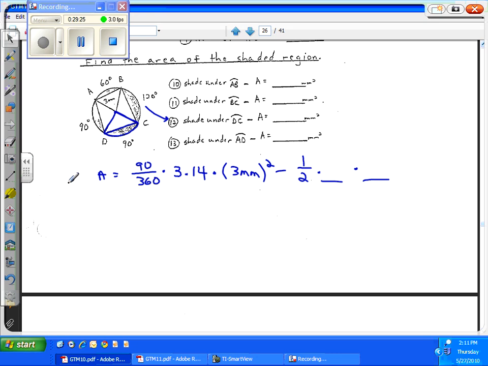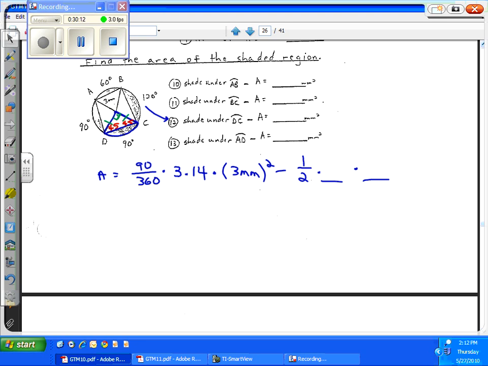But this is a 90-degree arc, so that would be a 90-degree angle. The radii are equal, so it's an isosceles right triangle. If two sides of a triangle are equal, then the angles opposite those equal sides are equal, so these are both 45. Now that doesn't mean it bisected the angle ADC. It did not bisect angle ADC, and it did not bisect angle BCD, but those are 45 because it's an isosceles right triangle.